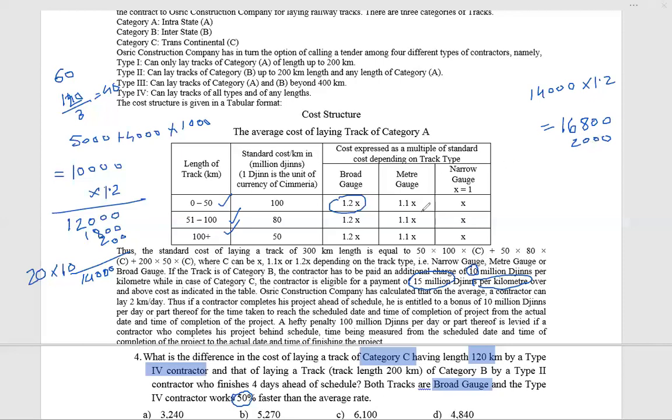And since finished 4 days earlier, so 40, 18,840. This is 14,000. Difference will be 4,840. Option D. Right? Next problem.